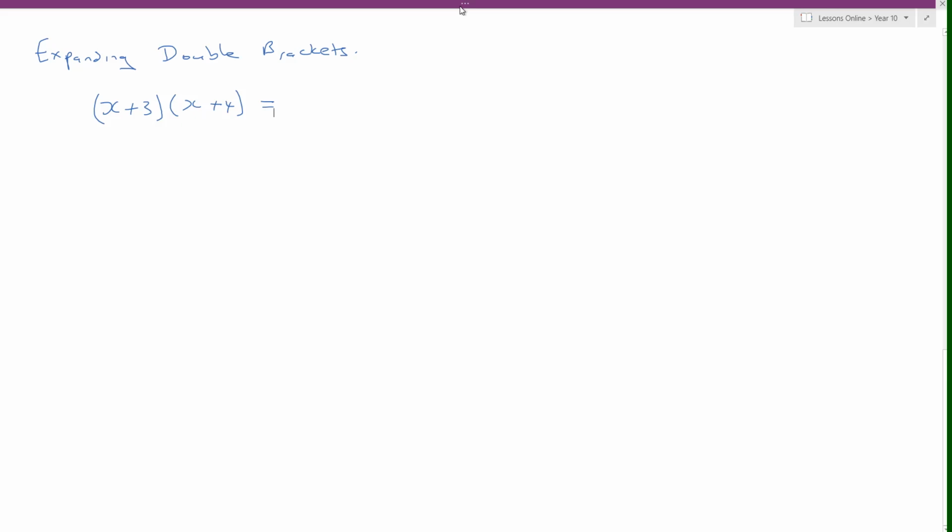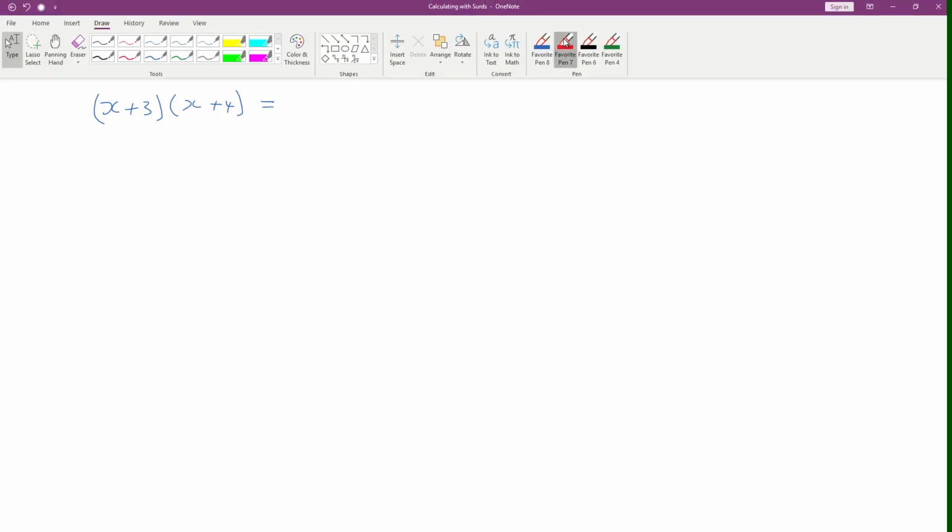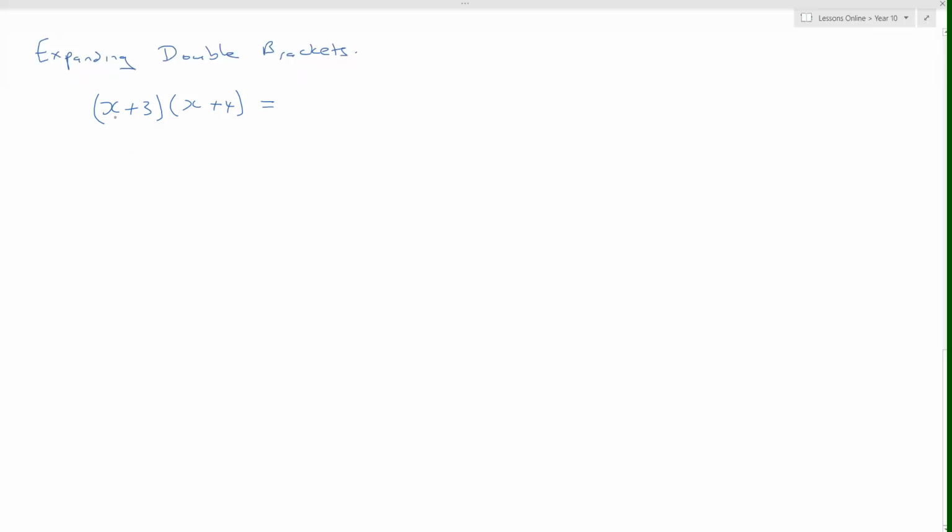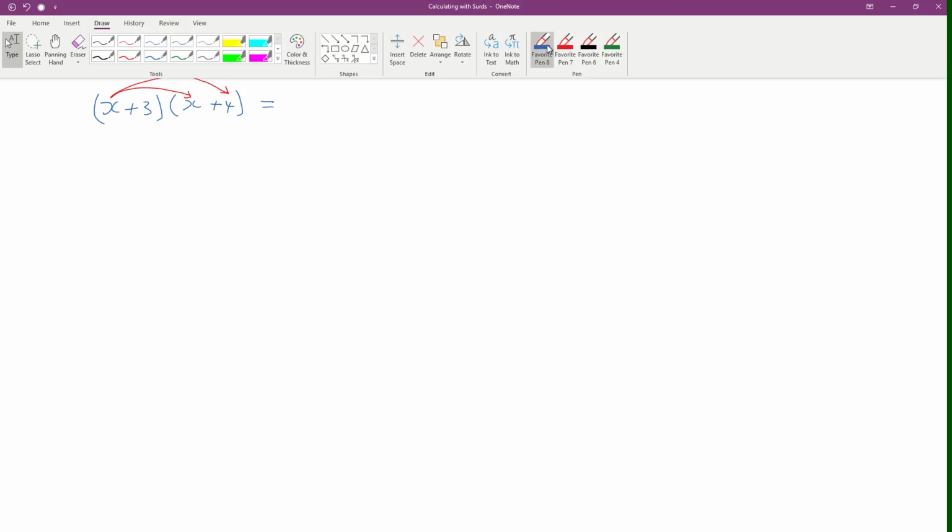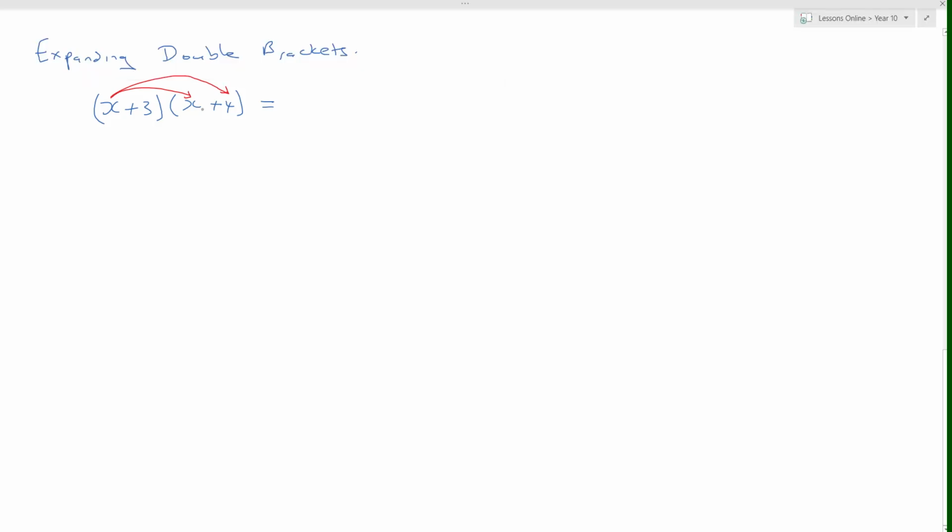So we start with x, and x multiplied by everything here, so x times x in the first instance, and then x times 4 in the second instance. x times x gives us x squared, and x times 4 gives us 4x.